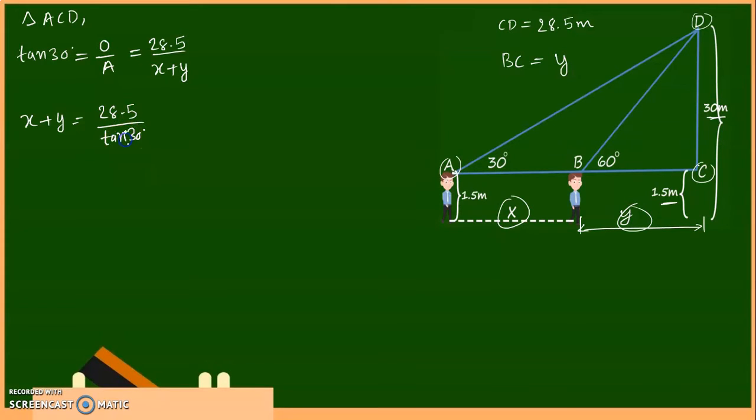So in place of tan 30, if you put 1 by root 3, root 3 will go to the numerator. So we can write X plus Y equals 28.5 multiplied by root 3. Let's say this is equation number 1.